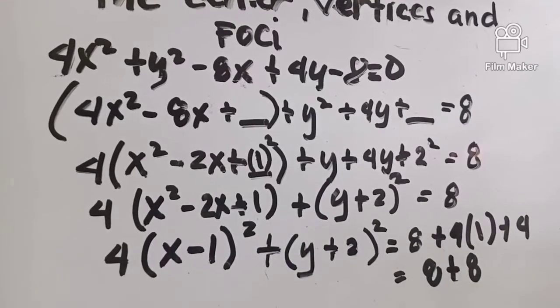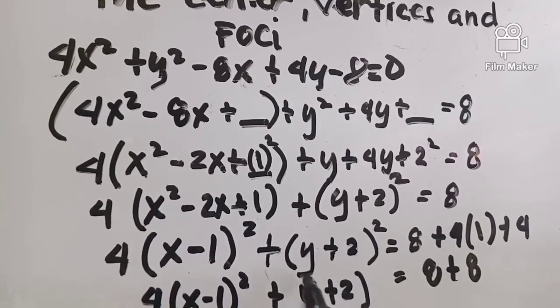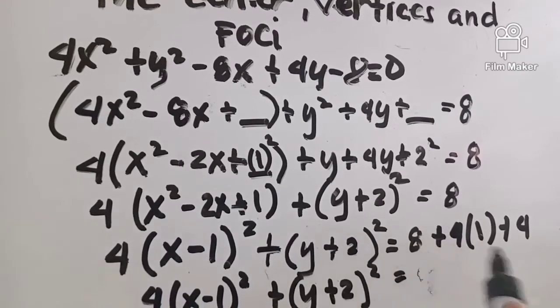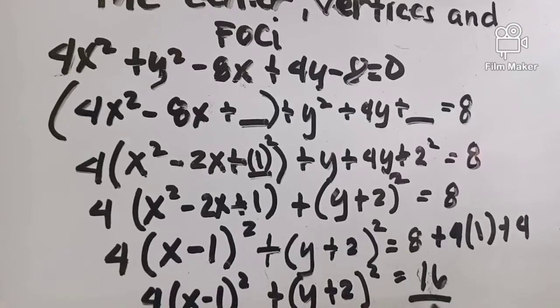And then, anong susunod na step natin? 4, x minus 1 squared plus y plus 2 squared. Okay. So, ito 16 na. Iburahin ko na lang to para kasi 16 na yan. So, ito divide natin sa 16.